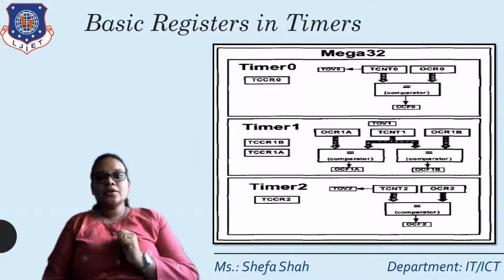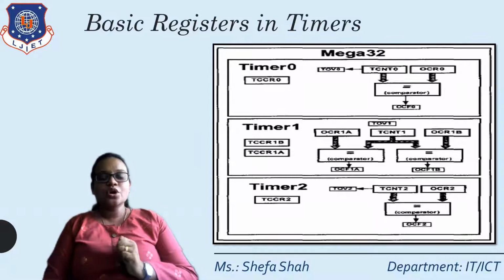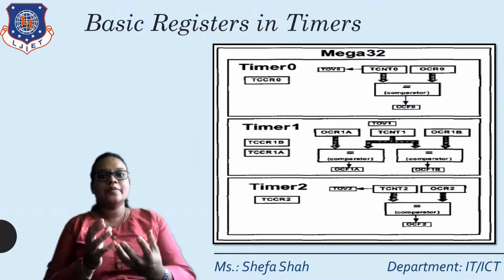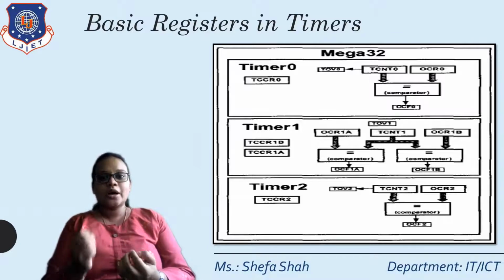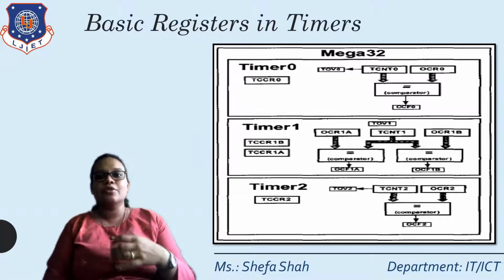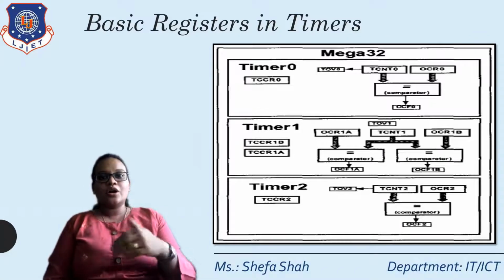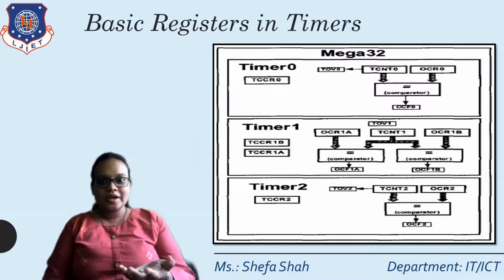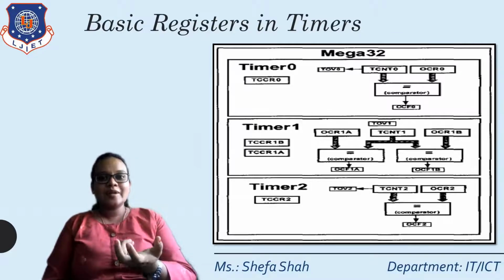Now, what does CTC mode do? The data which we need to count is stored in the output compare register, and the TCNT register is initialized with 0. TCNT will be incremented by 1, as is its property, and there will be a comparison between OCR and TCNT0.